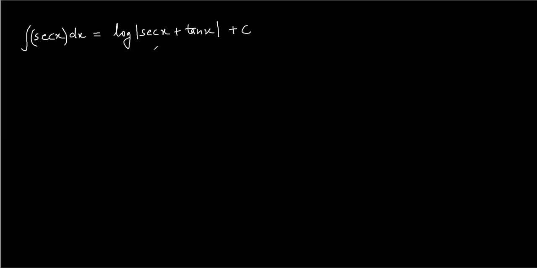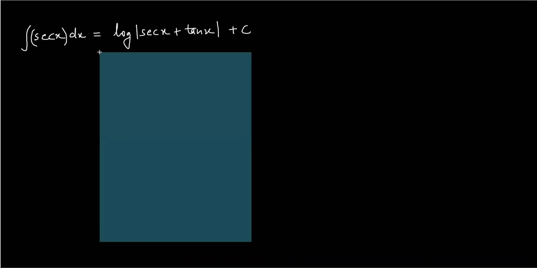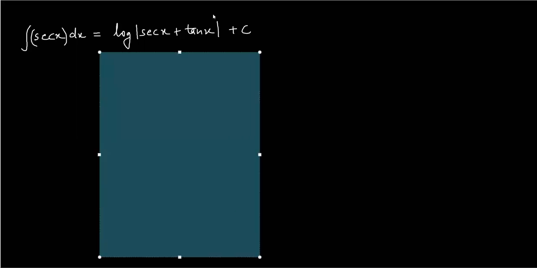This is used most of the times, but at a few places we have another form of integration of sec x dx. And what is that form? You will get that form when you apply some more steps on what you have got. So let us apply those steps.